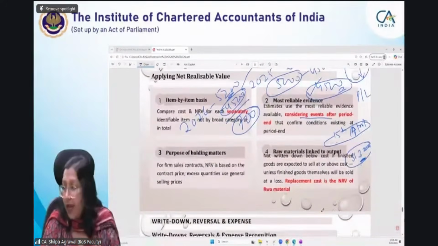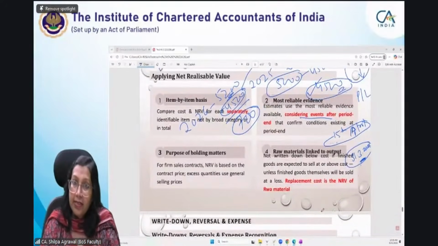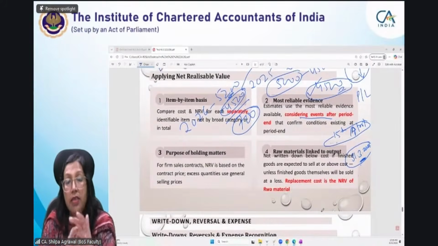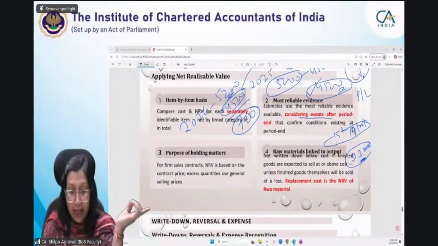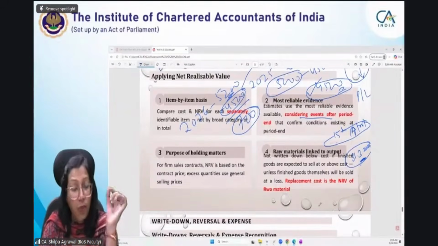So what I mean to say is that we can use adjusting events also. Consideration of an adjusting event is permissible only when it confirms conditions existing at period end, that is on the 31st March reporting date.